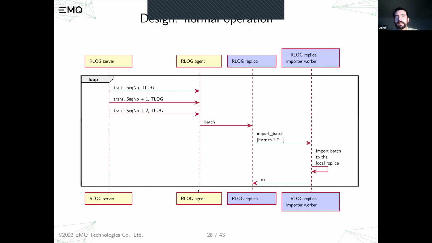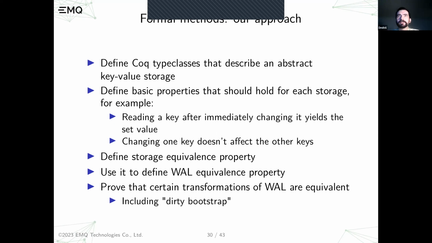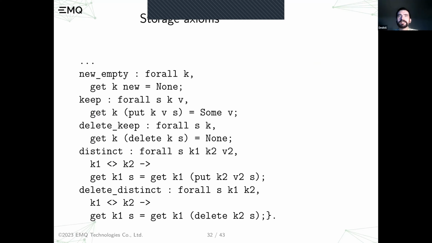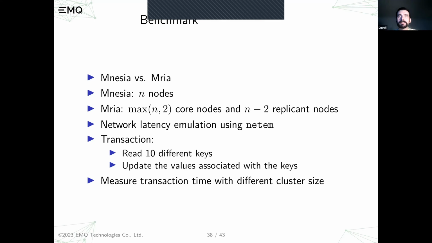And finally, it enters normal operation, where the transaction logs are applied in real time, although with some delay, because our protocol is asynchronous. This is a really interesting part, but unfortunately I have to glance over it and go straight to the benchmarking.